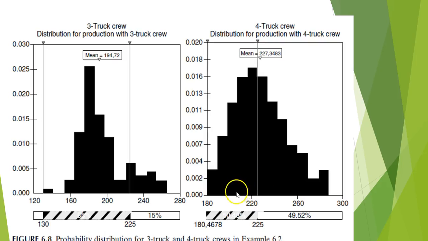But the important thing to note is that by doing these simulations, you see where this overlap is. You see what the distribution of the production values is, and you're able to make a lot better estimate of what's going to be happening in determining production values or cost values for a project you're going to do.